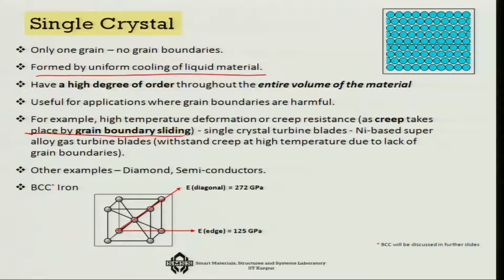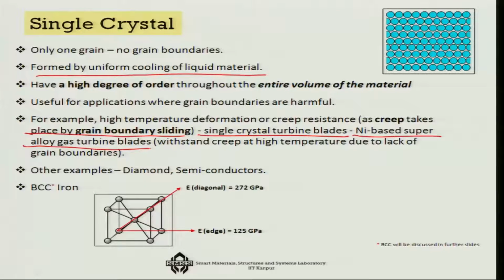So, if you can develop single crystal turbine blades, for example, Ni based superalloy gas turbine blades, a single crystal of nickel or single crystal of titanium blades, these are very good in terms of creep strength. So, that is another application of a single crystal structure.